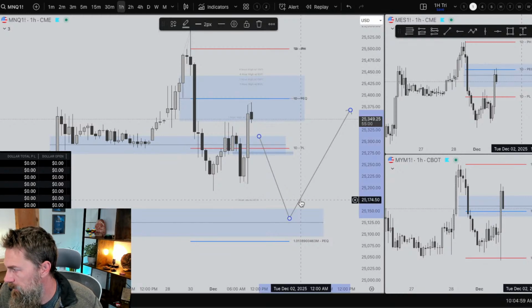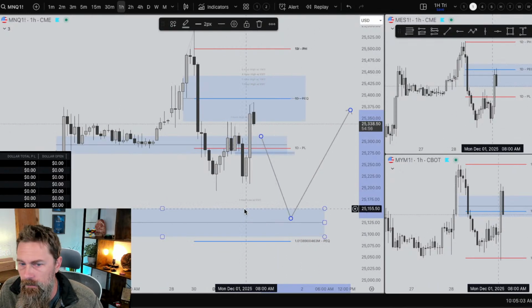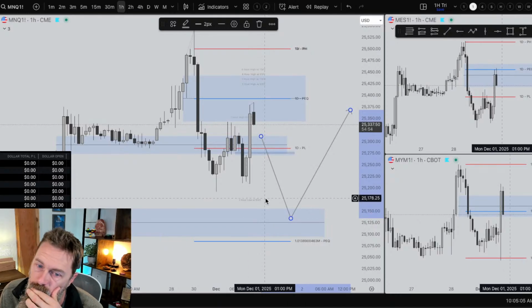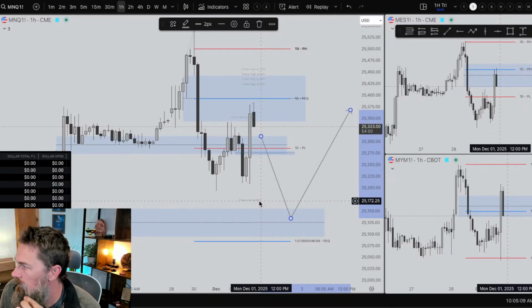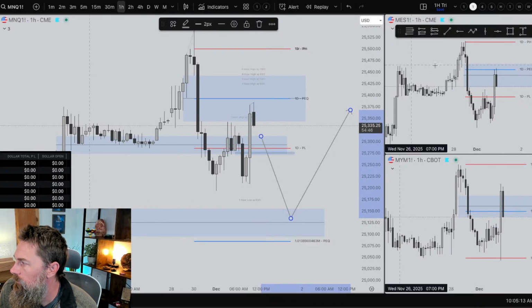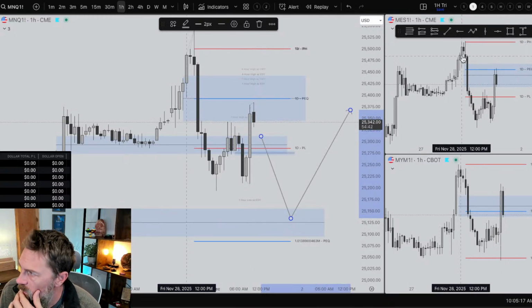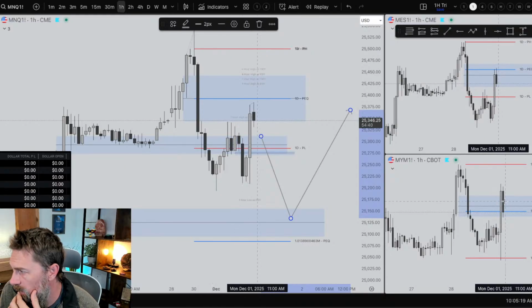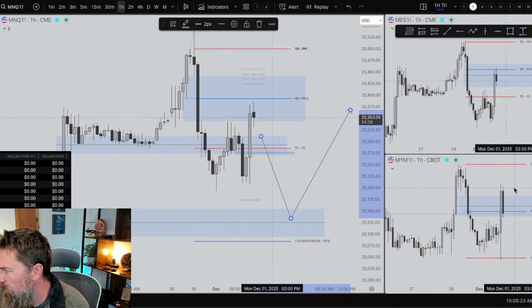So YM did the stop hunt. We have PD array SMT with ES into the fair value gap. YM closed above the fair value gap. YM's the strongest asset.